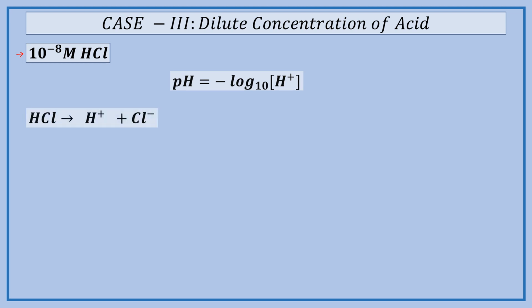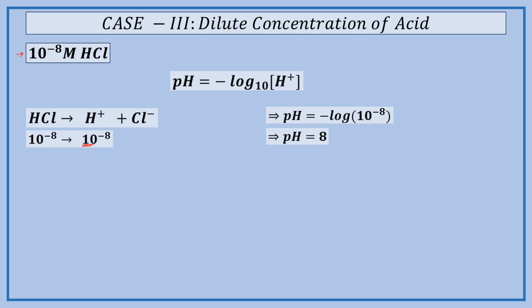HCl dissociates as 1 mole of HCl will give us 1 mole of H plus ion. So 10 to the power minus 8 molar HCl solution will give us 10 to the power minus 8 molar H plus ions. If we put this value in the formula of pH, then we can calculate the pH of the acid to be equal to 8.